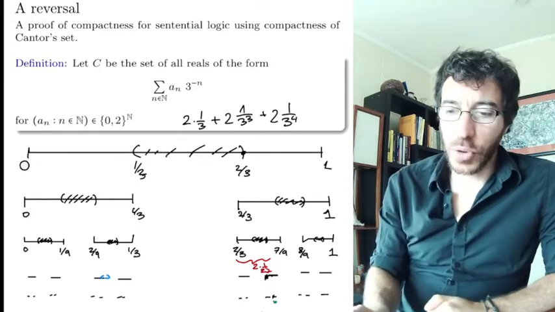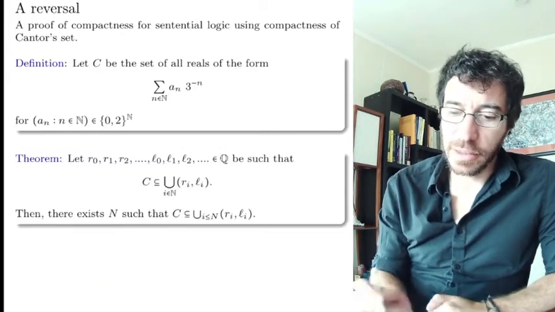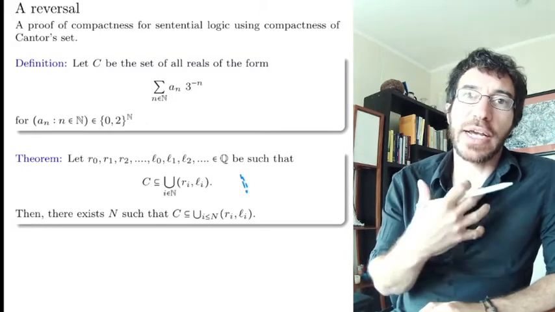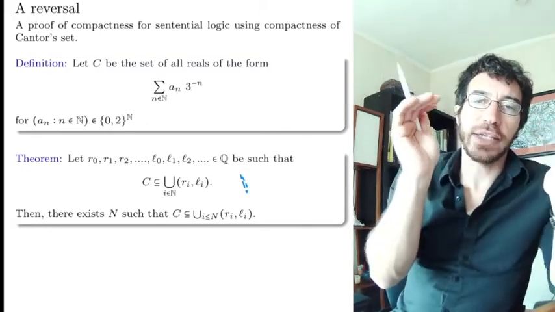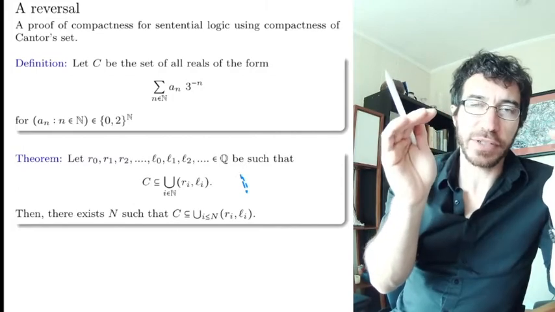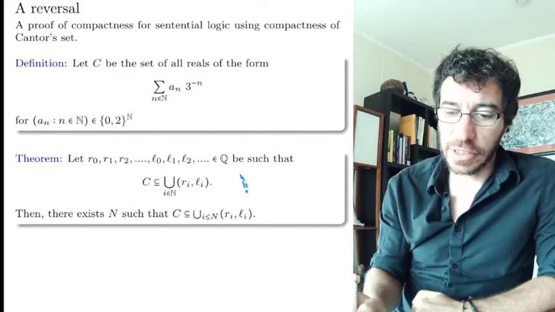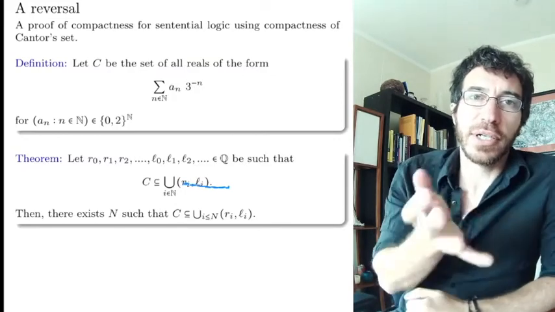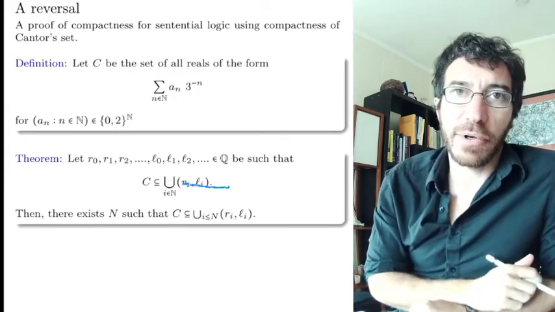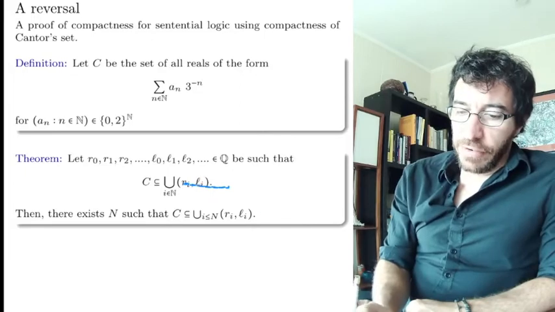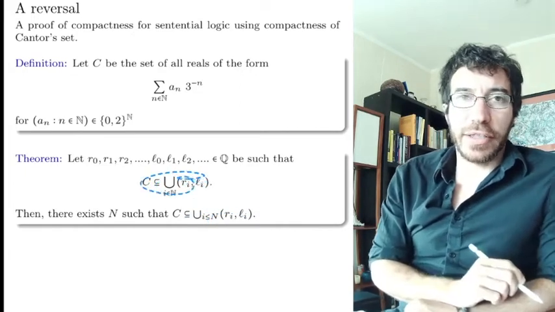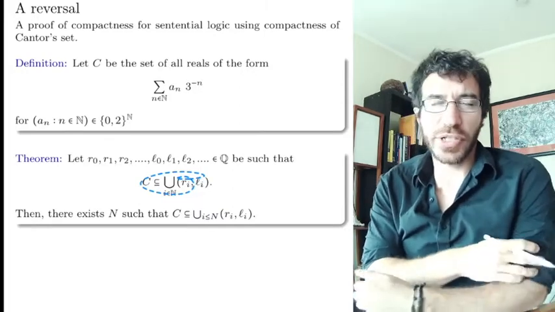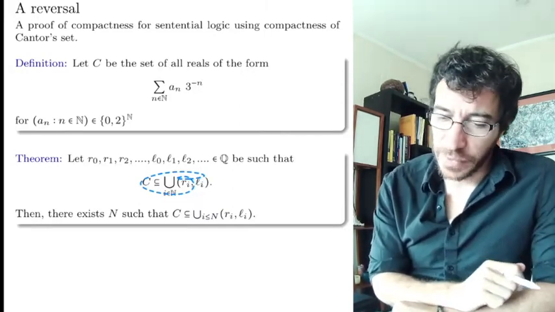So if you add those removed intervals to this list, you get a covering of the full interval [0, 1]. Then you can apply compactness of [0, 1] to deduce that there's a finite subcovering, and you get that finitely many of these intervals cover the Cantor set. Okay, I'll let you work that out, because it's a nice exercise in topology.